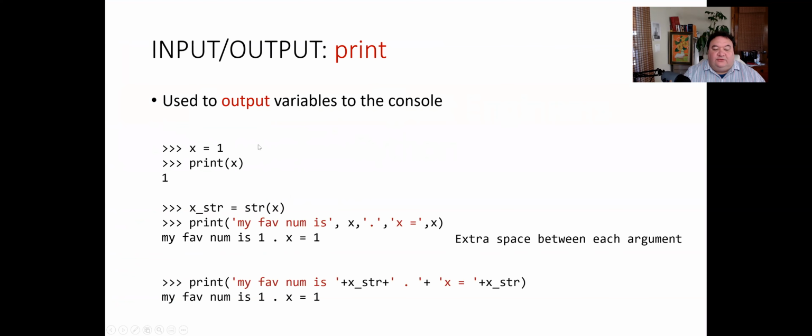Now we're going to look at how to get things in as input, and also how to mix objects like integers with the string representation of such objects. So let's say we start with the variable x, and when we print, effectively, we get the string representation.